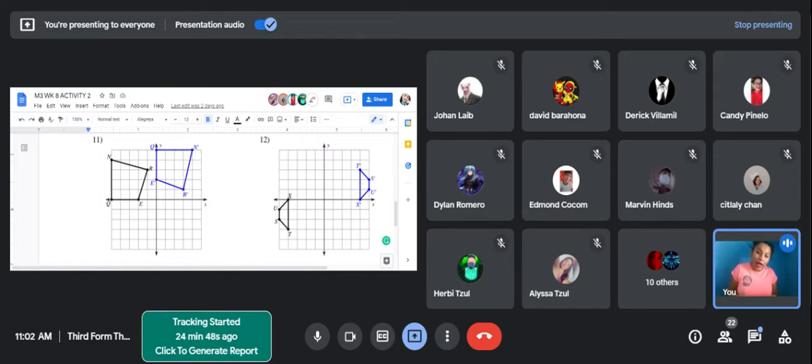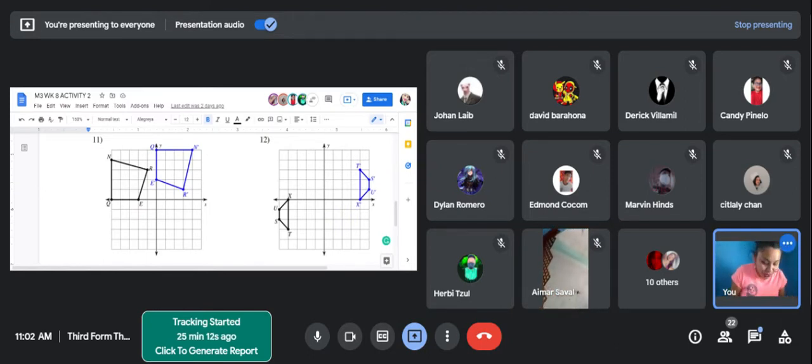One, and this is the logical theoretical way: you write the coordinates of the picture in black and you write the coordinates of the picture in blue, and then you take a look at the rules and you see which rule gives you those coordinates. That is theoretically how you would do it.